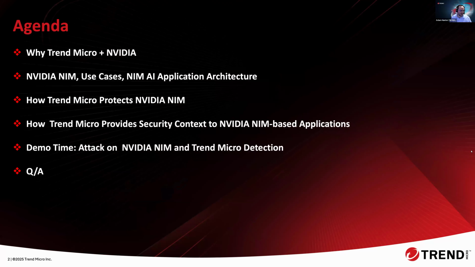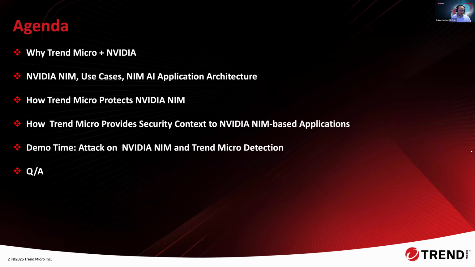Without further ado, we'll go ahead and just get into the agenda, what we're going to be talking about today. So we'll start by talking about why Trend Micro plus NVIDIA, what is NVIDIA NIM, some of the use cases around NVIDIA NIM, what a traditional NIM AI application architecture looks like, sort of a sample of it, how Trend Micro protects NVIDIA NIM, and then how Trend Micro can provide some security context to an NVIDIA NIM-based application.